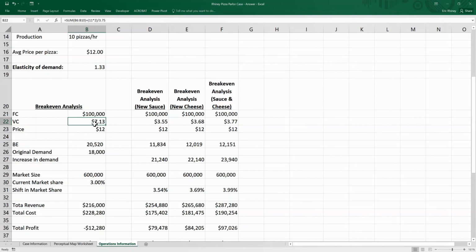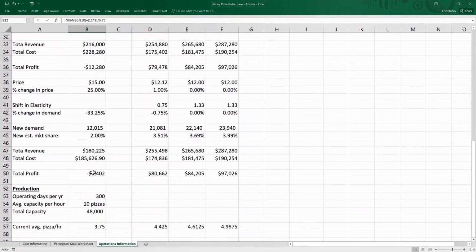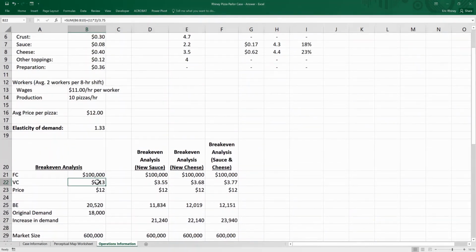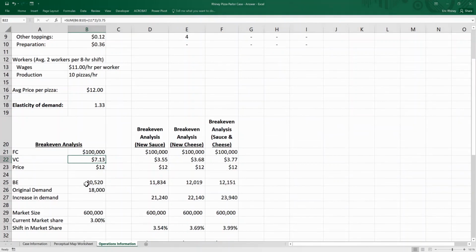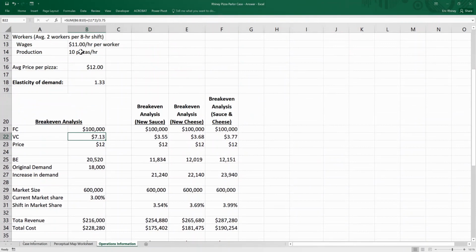So our variable cost is now 713. That's tremendous. That's huge. And we can see that we're actually negative in terms of our profitability because of that. Now, pizza is not the only thing that the pizzeria has, thankfully. So this variable cost of the workers is not completely divided by the pizza, but that is something that you need to really think about. And of course, if you were to do this, you would have to transfer this across all of them.